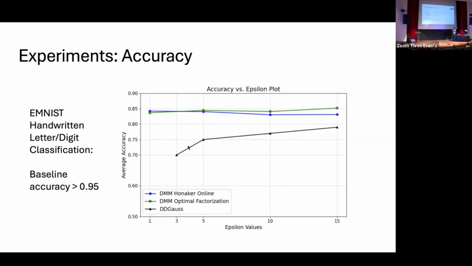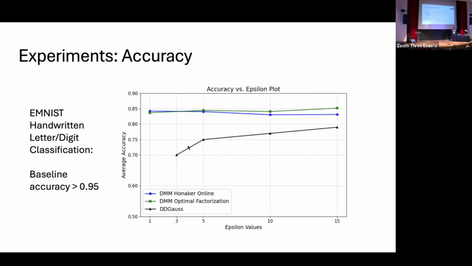Okay, and so we ran some experiments for this. First of all, for the privacy utility trade-off, this black line is from the distributed discrete Gaussian mechanism, which just applies local uncorrelated noise in every round. And these blue and green lines are from our distributed matrix mechanism. You don't have to worry too much about the difference between them.